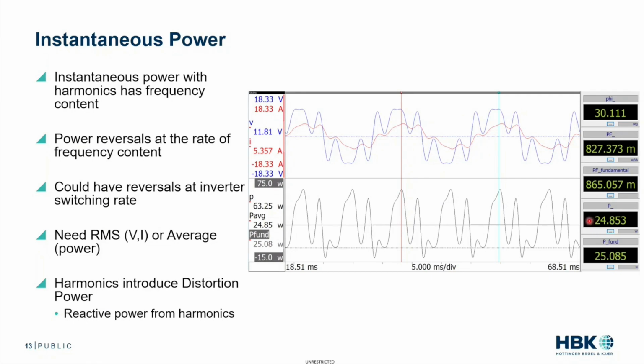Because the 5th contains negative power elements and the 7th contains positive power elements, if we take the power of the total frequency spectrum, we get 24.8 watts. If we take the power of just the fundamental, we get 25 watts. So there's enough negative power in the fifth harmonic that a decent chunk, about 4% of the total power, is going to that.